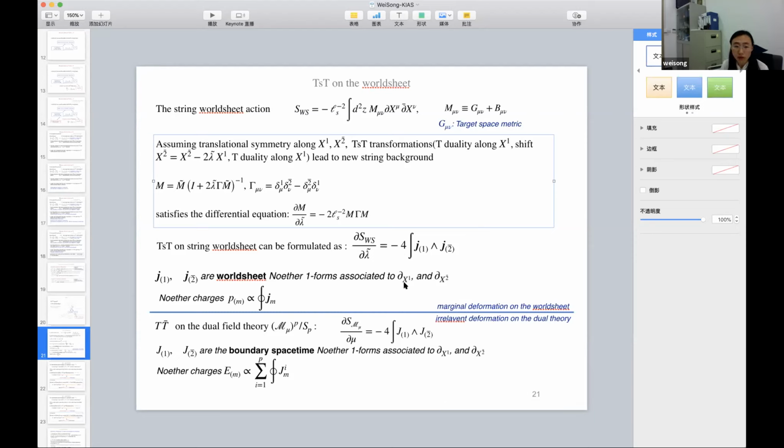Note that when these two directions, x1 and x2, are chosen as our two null directions, in the field theory side, the generators of translation in these null directions are just the stress tensor, which has dimension 2, and this becomes an irrelevant deformation.